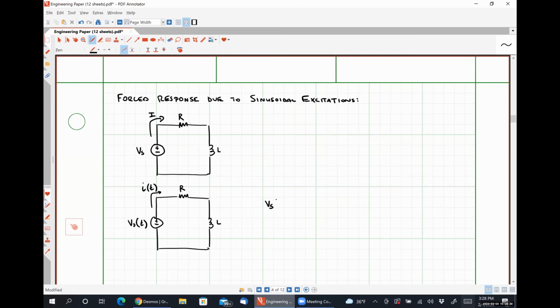If my voltage source Vs of t is of the form Vm cosine omega t plus theta v, then it does not seem unreasonable that my current will be of the form Im cosine omega t plus theta i.